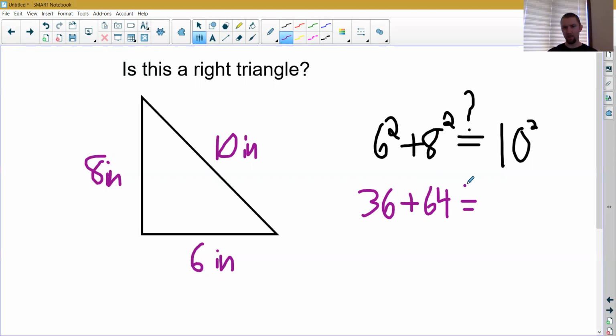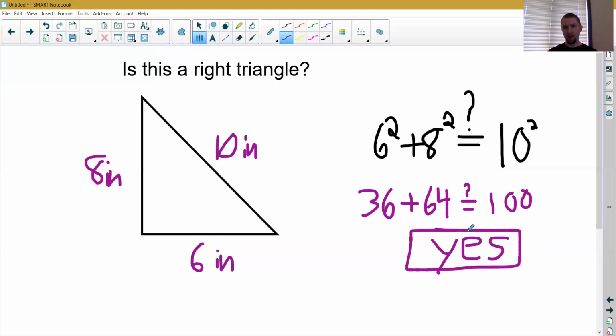Is that equal to 10 squared, or 10 times 10, which is 100? If I add together 36 plus 64, do I get 100? The answer is yes, I do get 100. These are equal to each other. 6 squared plus 8 squared does equal 10 squared.